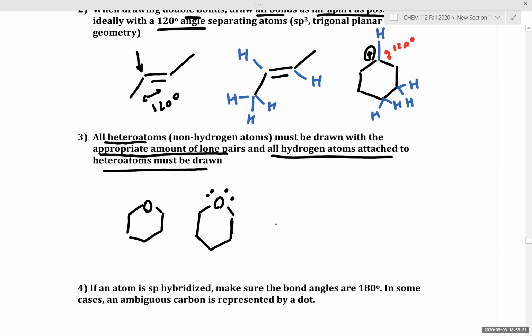Now, if your heteroatom has lone pairs attached to it, and if your heteroatom has hydrogens attached to it, then those hydrogen atoms must be explicitly noted.